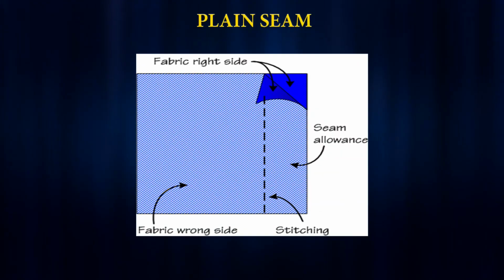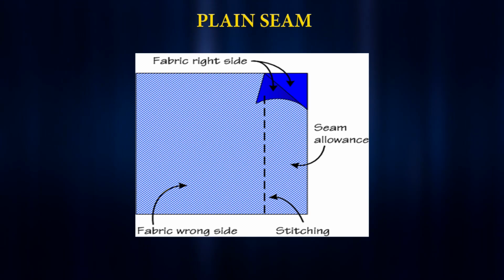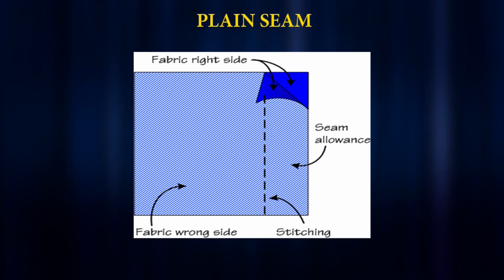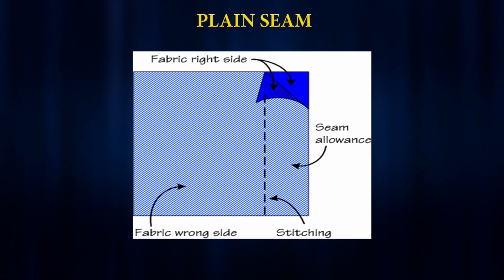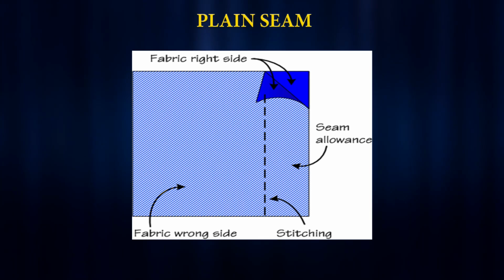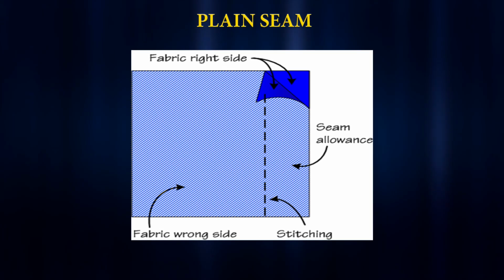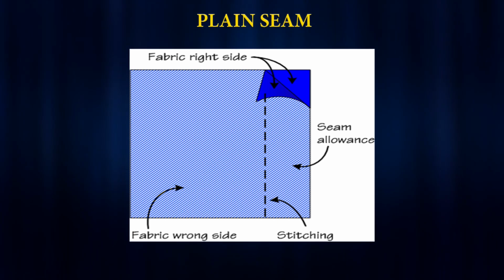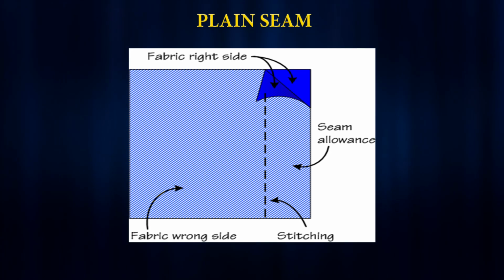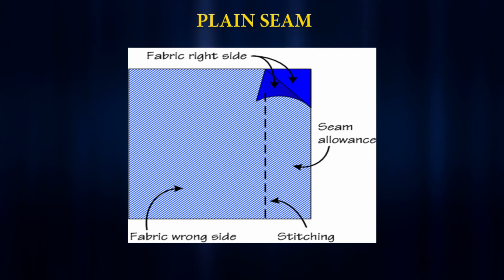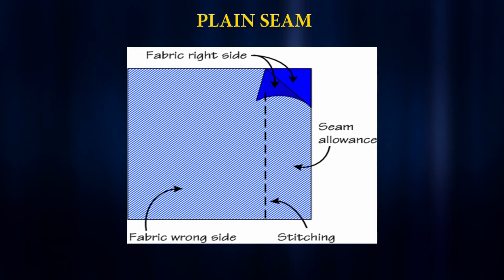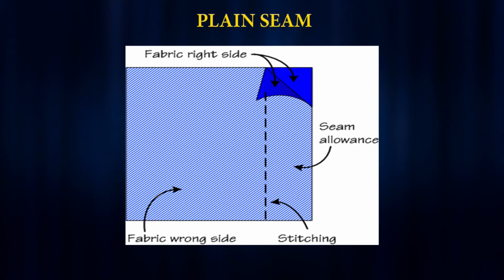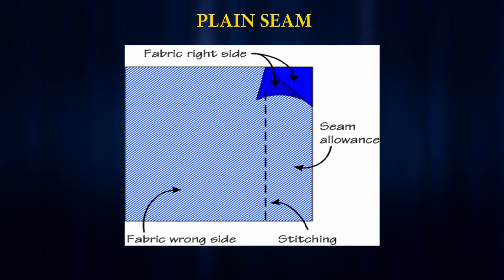Then in this picture you can see what we were describing, that we have two layers of fabric with the right side inside and the wrong side outside. So we decided a seam allowance, you can see the mark on the fabric. We decided let it be ½ inch or 1 centimeter, and we do the stitching leaving the seam allowance, and we get the fabric joined together.